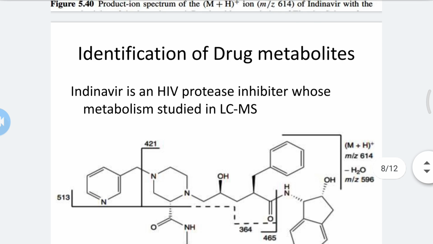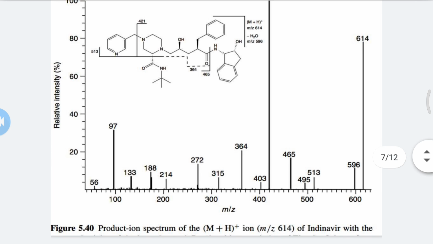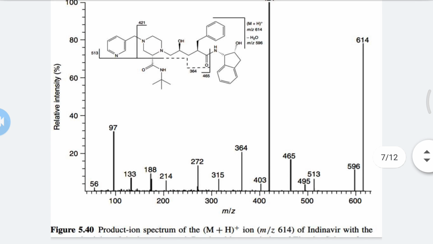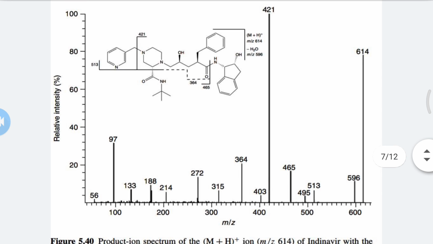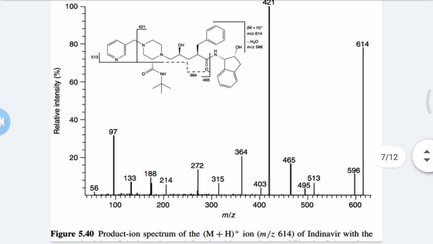So in this graph, this is the MS product ion spectrum of the MH plus ion, whose molecular mass is 614, of the Indinavir drug.